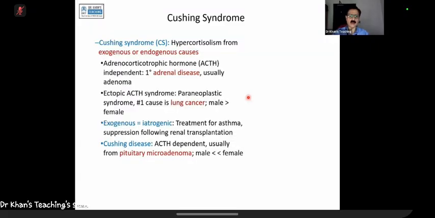Please also remember the concept behind Cushing's syndrome versus Cushing's disease. From here, long cases can be asked. Remember that Cushing's disease is when there is adrenal disease, adrenal adenoma, because cortisol production is high. On the other hand, the same thing can be because of lung cancers, or it can be iatrogenic. Sorry, I was wrong there.